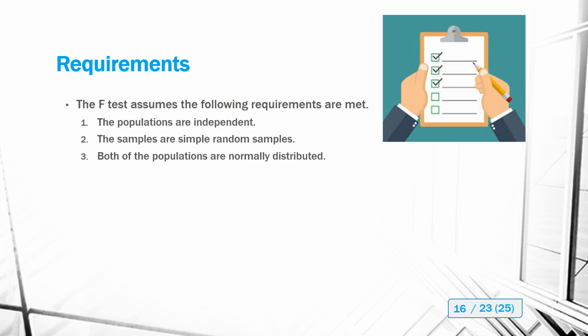But now we're looking at 2, and we have the same requirement. Both the populations must be normally distributed. If we had this requirement because of the skewness of the chi-square distribution, you can surely bet that we're going to have it with the F distribution, since the F distribution is skewed much more than the chi-square distribution.